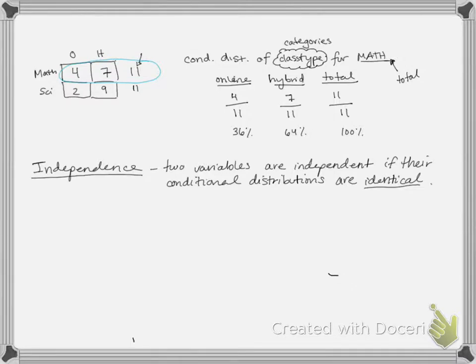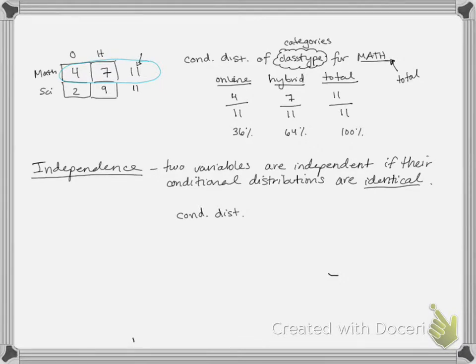Okay? So in this particular situation, we've found one conditional distribution. So I'm going to continue this with finding the second conditional distribution that would need to be compared in order to kind of discuss independence within this table.